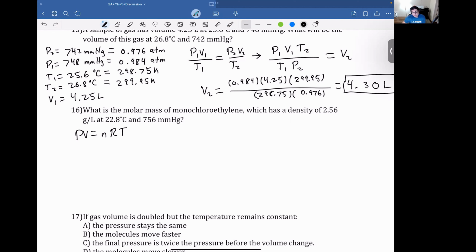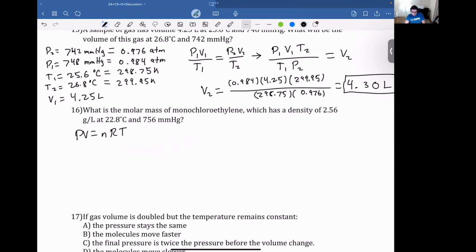Now this doesn't tell us anything about density or volume. You don't even have volume, right? And it doesn't tell us anything about molar mass. So what do we do? Well, we have n in there, and n stands for moles, right? Now recall that mass is equal to moles times the molar mass, correct?